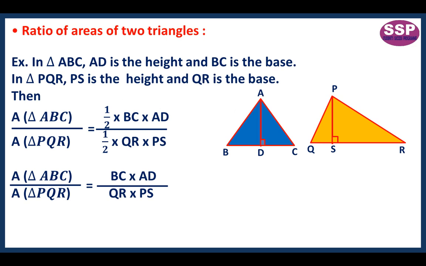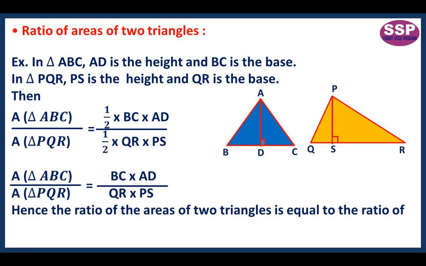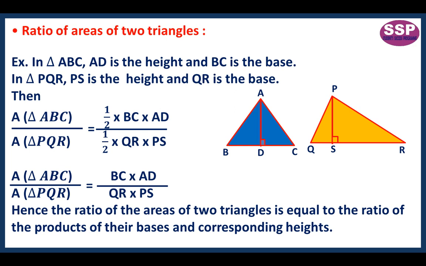Therefore we will get area of triangle ABC upon area of triangle PQR is equal to BC into AD upon QR into PS. Hence the ratio of areas of two triangles is equal to the ratio of the product of their bases and corresponding heights.